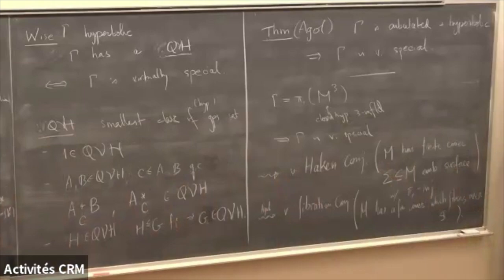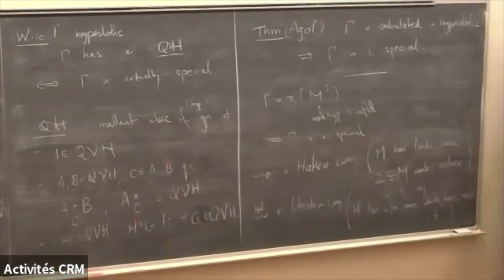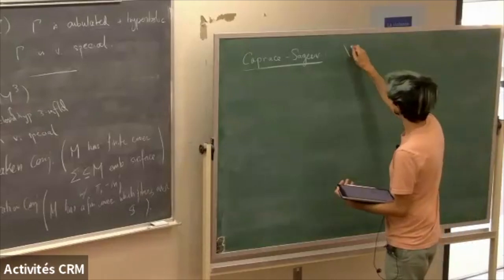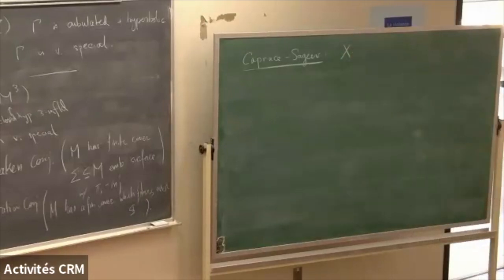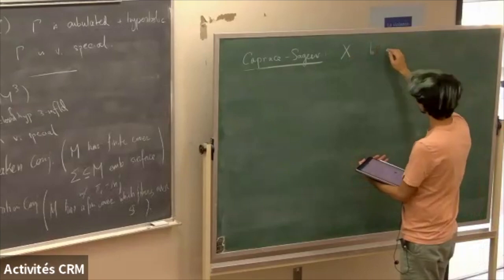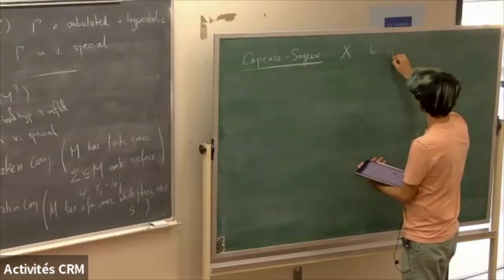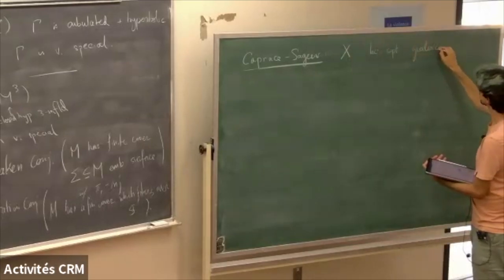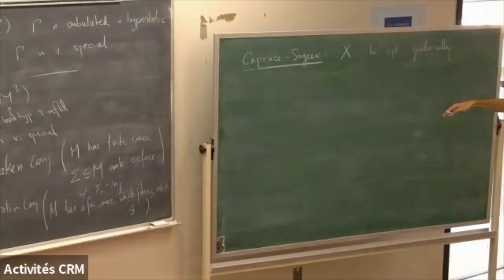Let me just mention this result of Caprace and Sageev. I think it's very relevant here. It's the rank rigidity for CAT(0) cube complexes, and it states the following. This is one version of it, maybe the one that's less used. So X is some locally compact, geodesically complete CAT(0) cube complex. Geodesically complete means every geodesic segment can be extended to a ray.